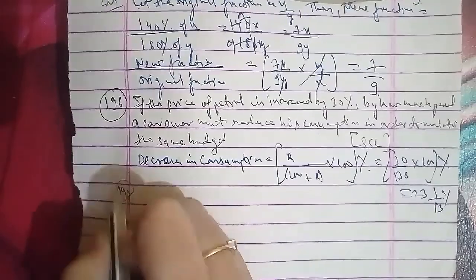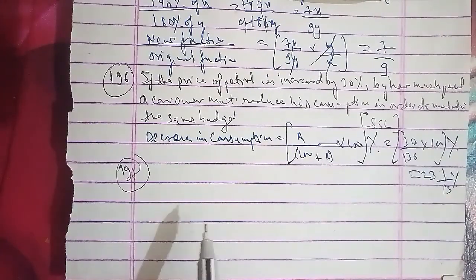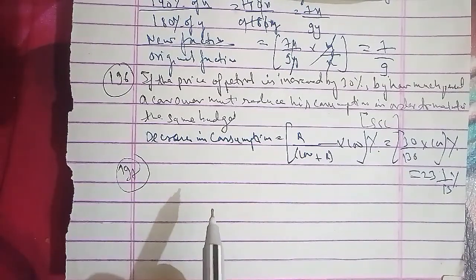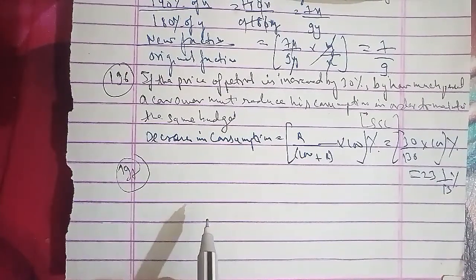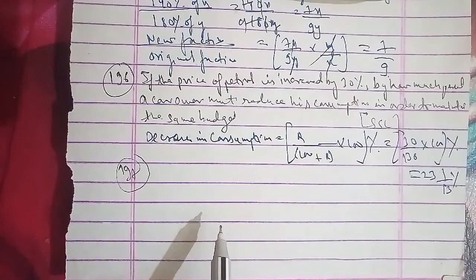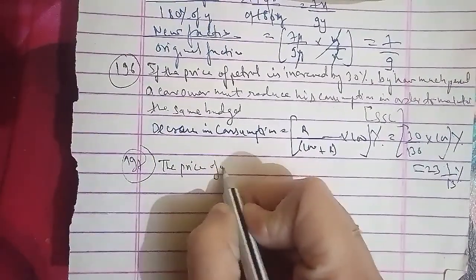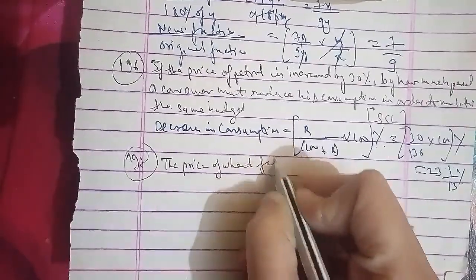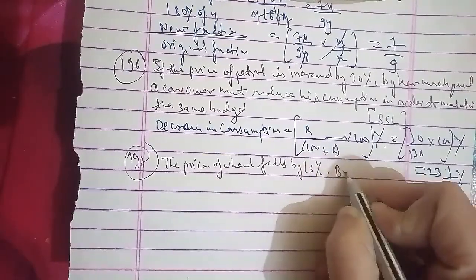The price of wheat falls by 16%. By what percentage can a person increase the consumption of wheat so that his overall budget does not change?